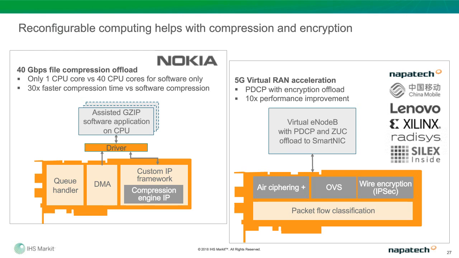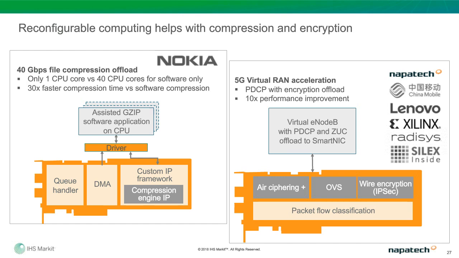Now, when you try to do this in software, it takes about 40 CPU cores, because each CPU can handle about 1 gigabit per second of data. But by offloading that into the SmartNIC and the FPGA in the SmartNIC, you can actually reduce that number of CPU cores to 1, and you can actually do the compression 30 times faster than you can do it in software. So it's a very, very powerful solution.